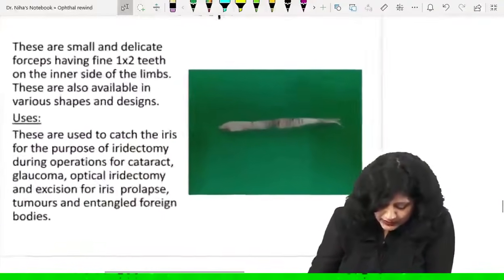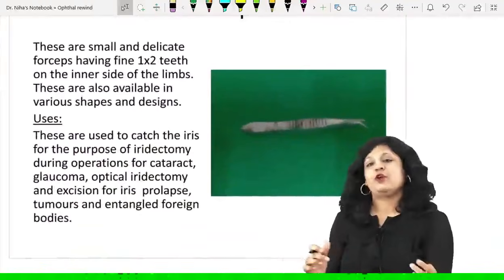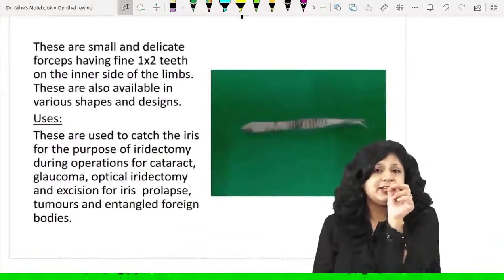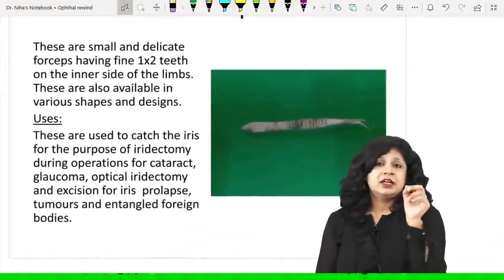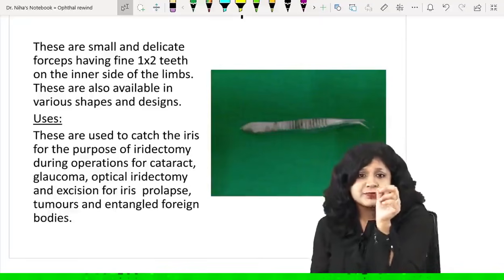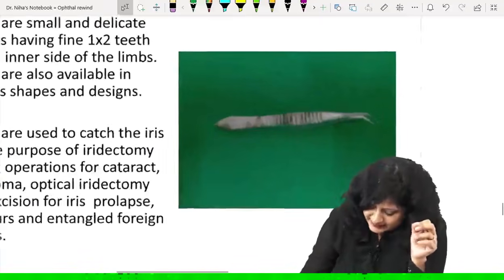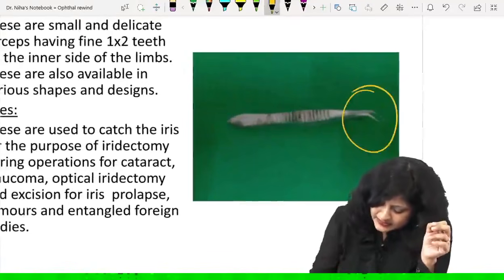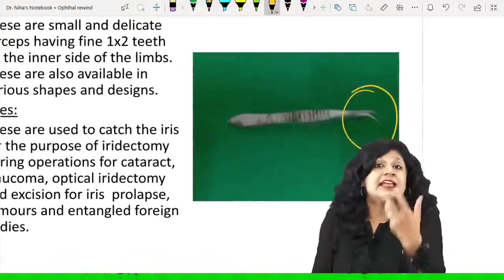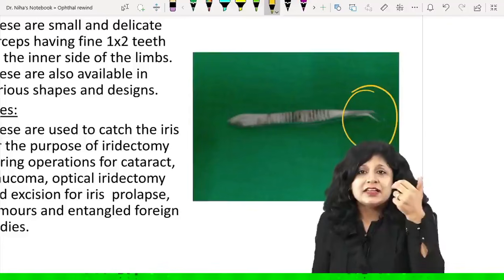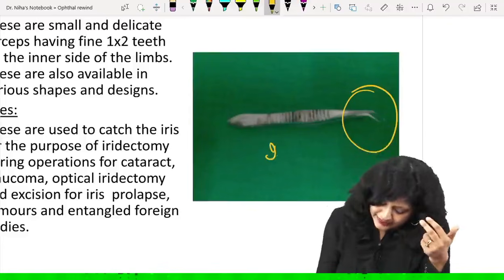Then we have got a very delicate forceps. Can you see the tiny forceps having very small blades? This is for the most delicate part of the eye. When you are cutting a very delicate portion, that is your iris.